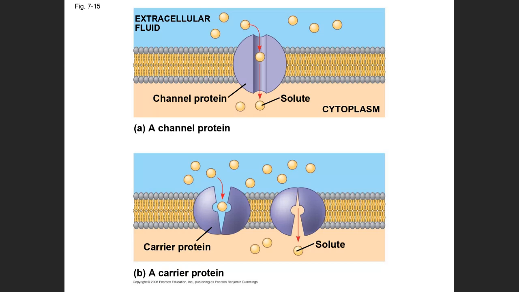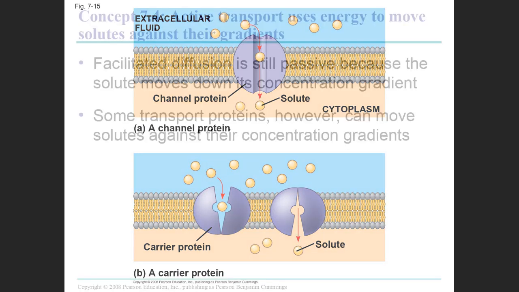No extra energy is required. With a channel protein, molecules in a high concentration will diffuse across the membrane to an area of low concentration, or just following your concentration gradient. A carrier protein also helps that to occur. No extra energy is required for a carrier protein to do this, though. It's all passive.